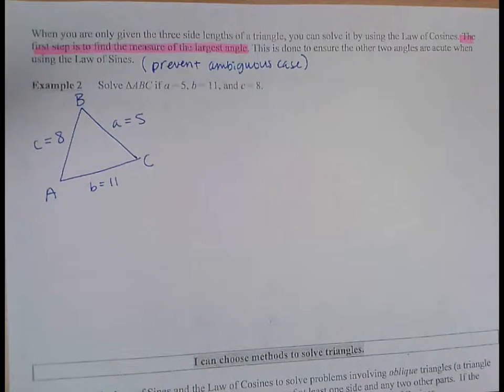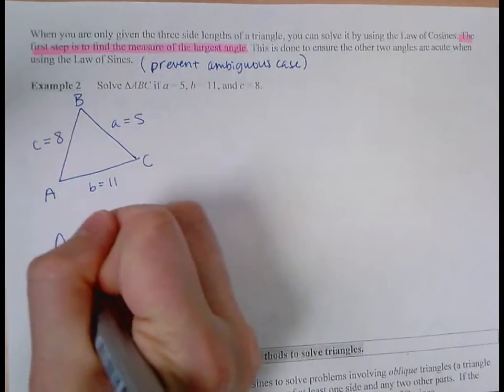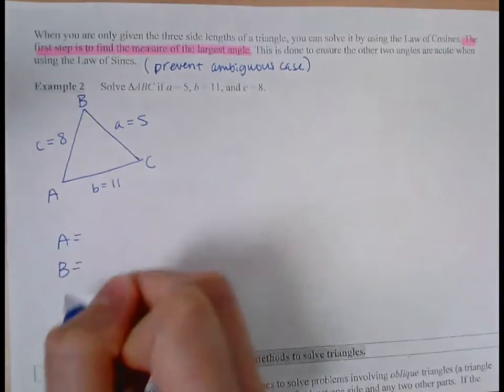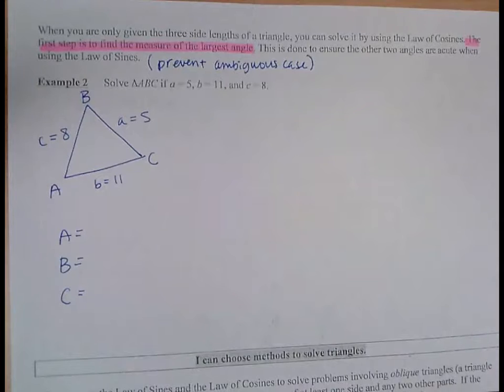And so as it said, we're finding all 3 angles, but we have to find the largest one first. So how can you tell which angle is going to be the largest in a triangle? This is more review of geometry.